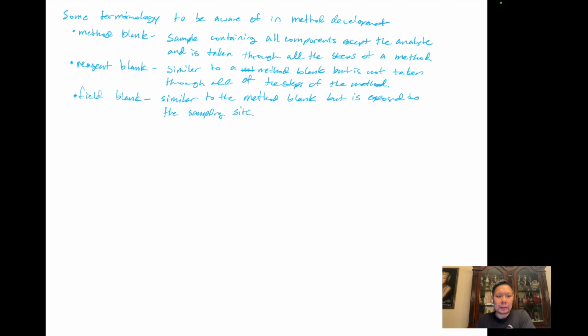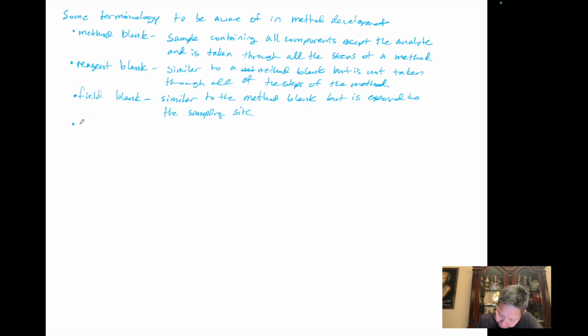So what does that mean? Generally, we will make a blank and prepare it in a laboratory setting. But if you're an environmental chemist, you would go get a field blank from, say, river water that you know to be a clean river, and you're testing against a dirty or polluted river or something like that. Basically, a field blank is a blank that you prepare out in the field, whereas most other blanks that you would use are prepared in the clean environment of a laboratory. And so again, that's probably the most common usage of a field blank, in environmental chemistry.